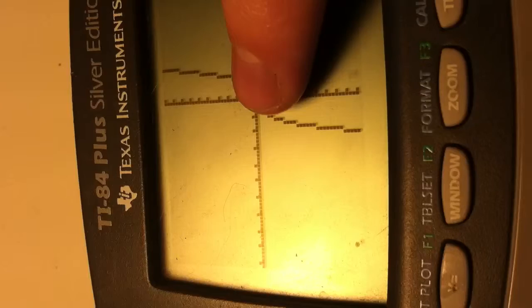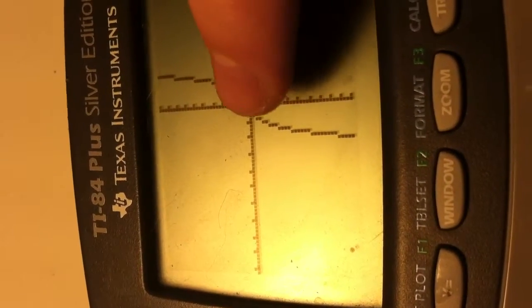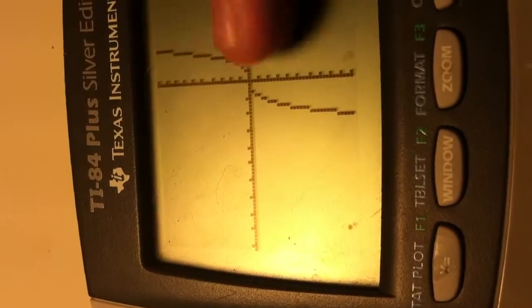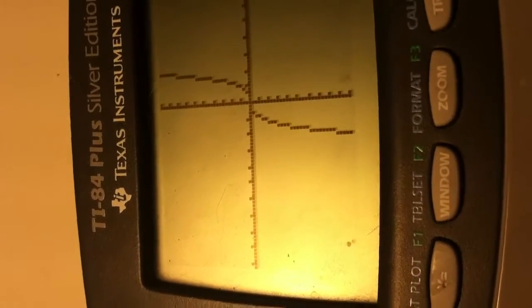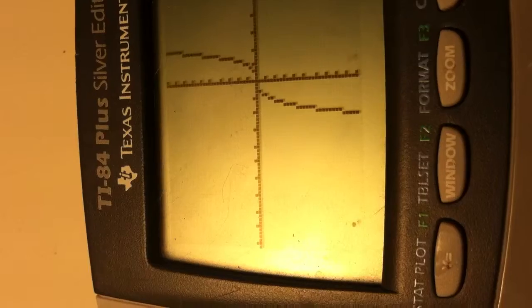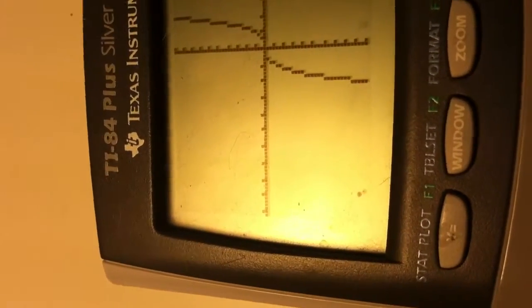But the entire time, the tangent line slope is positive. It's basically at x equals 0. That's the critical value, and right before that the slope is positive, and right after that it's still positive. So that's a false inflection point.